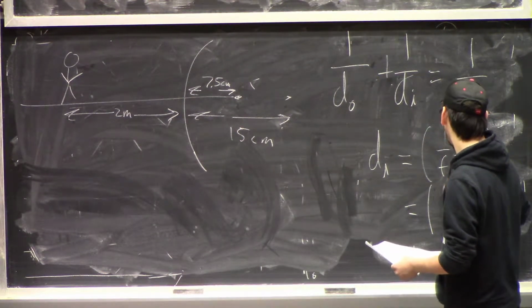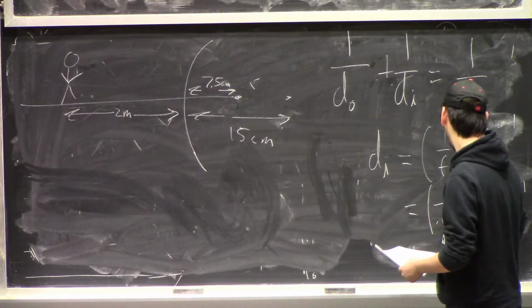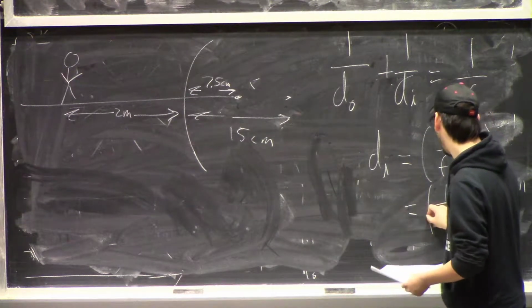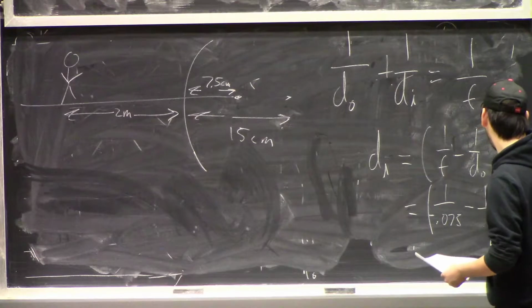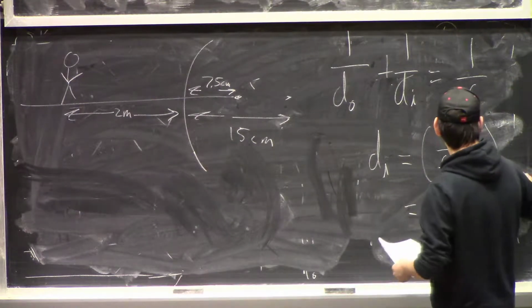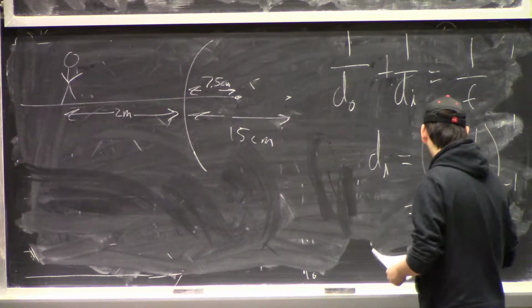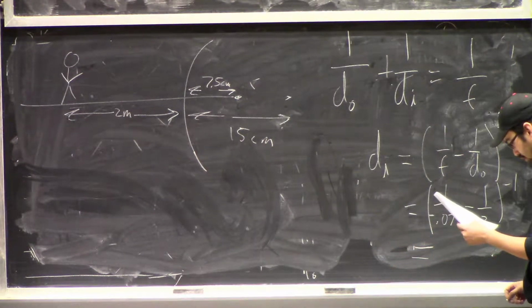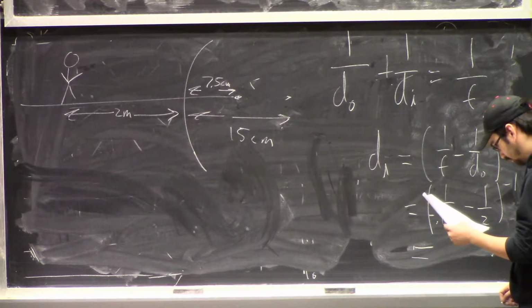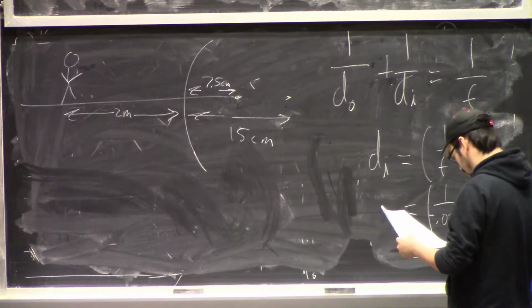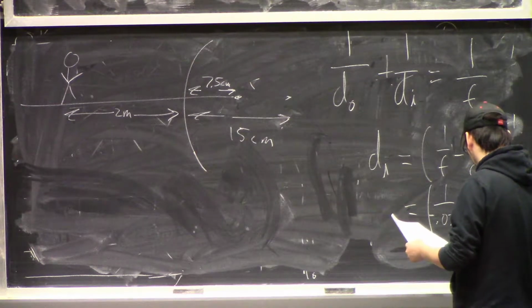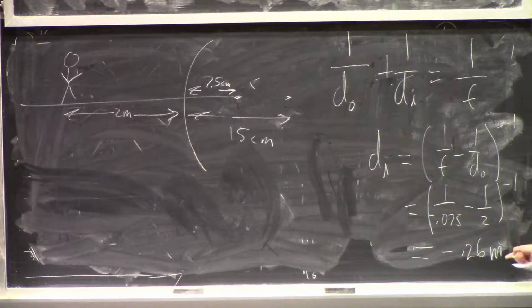So this is going to be 1 over negative 0.075, minus 1 over 2, inverted, and when I do this, this is going to be equal to negative 0.26 meters. Okay.